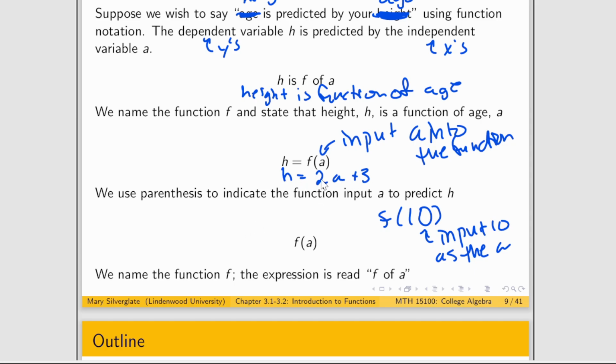So then if this is the equation and I ask for f of 10, what that's asking me to do is replace everywhere I see the input with this 10. So that's saying 2 times 10 plus 3 to give me 23. That's the idea. We're going to go over this a little bit more with some more concrete examples, but this is the basic idea of how you read this notation. F of a says whatever is inside the parentheses is now your input. If you're saying the output is f of a, that means I'm predicting this output.